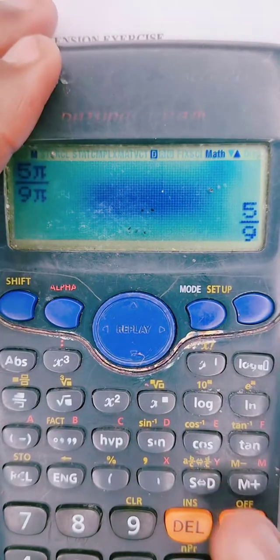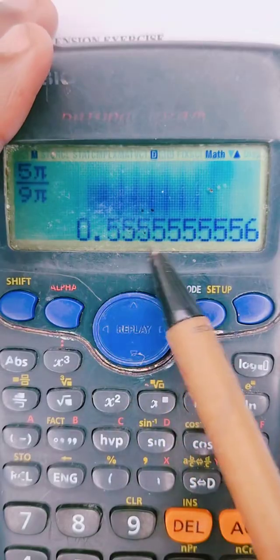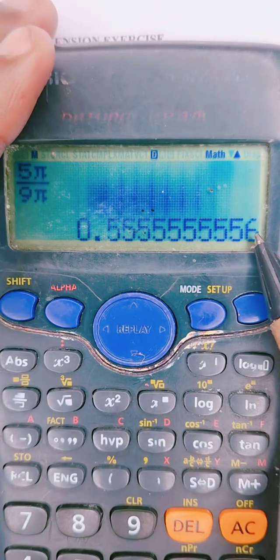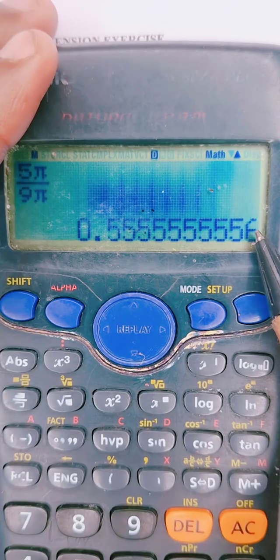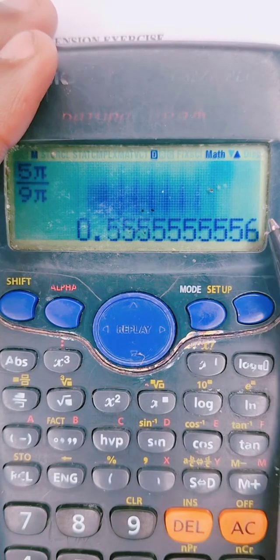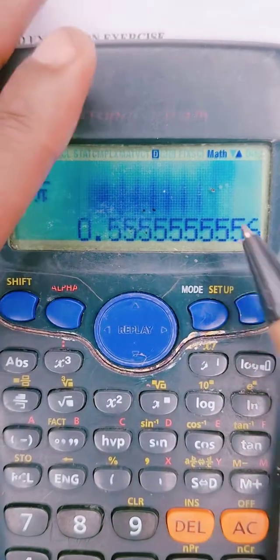If you press SD, what's 5 over 9? It's 0,5 repeating. The calculator rounds off your last value, giving you a terminating value, but this is a recurring decimal that continues forever, and that qualifies as rational. So yes, indeed, rational.